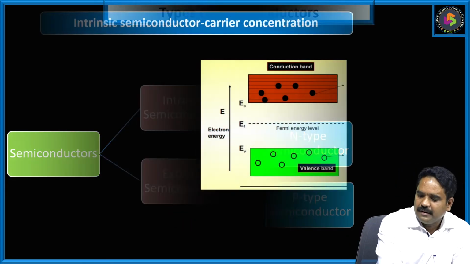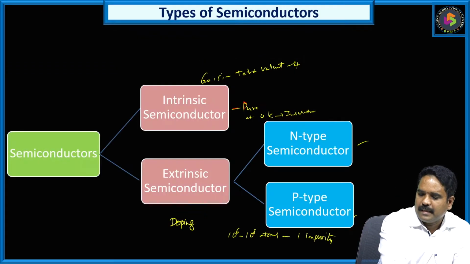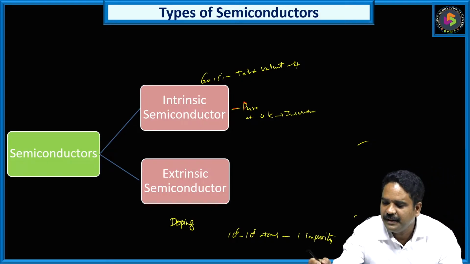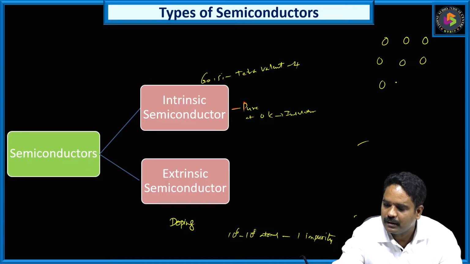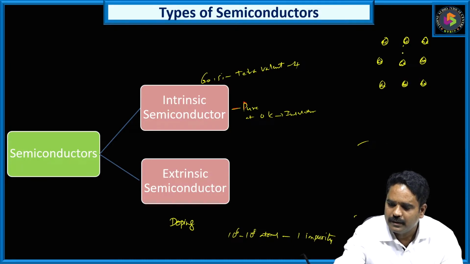If you see the structure of germanium, covalent bonds are present.